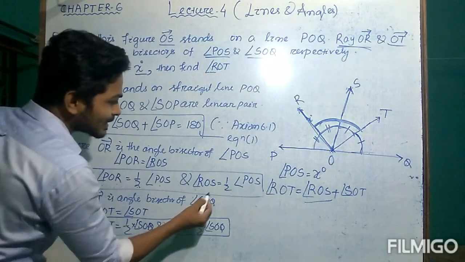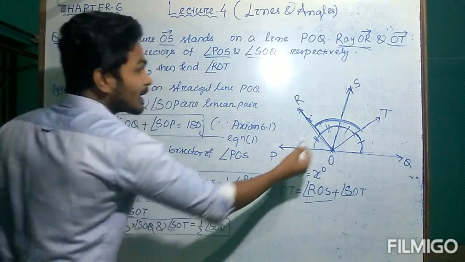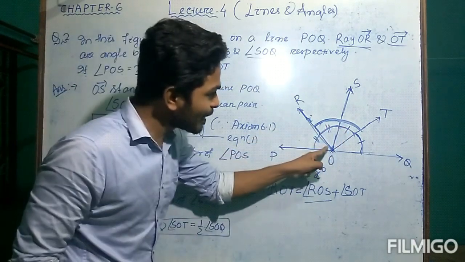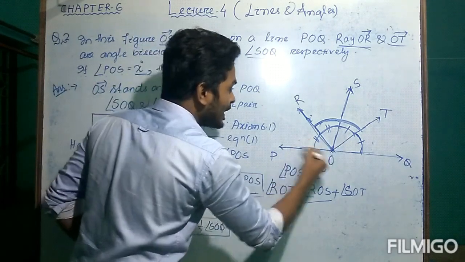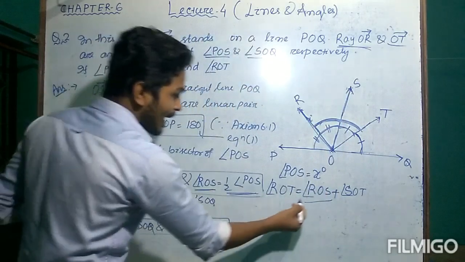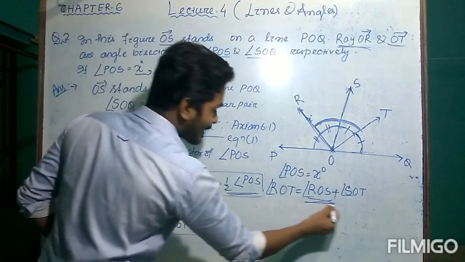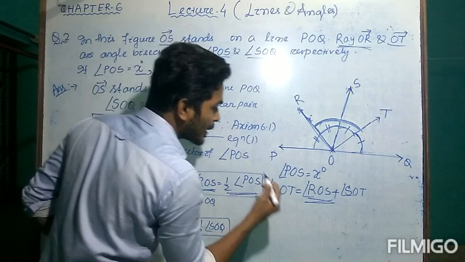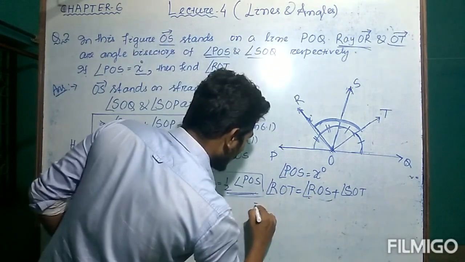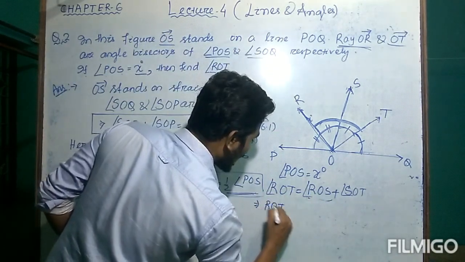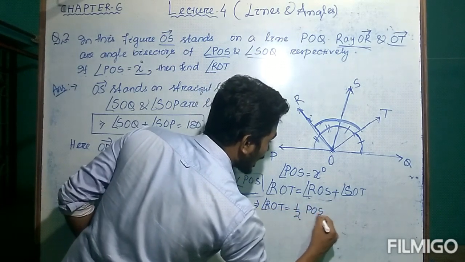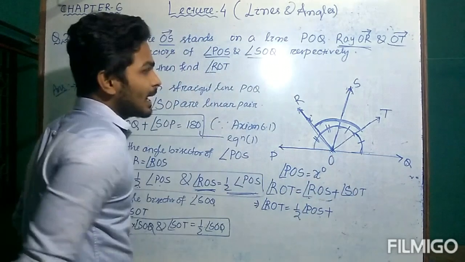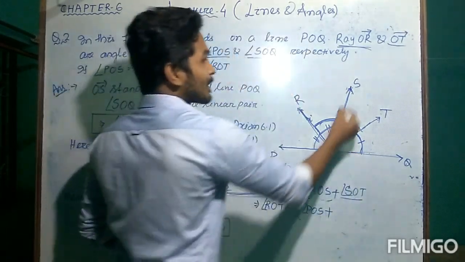So ROS is the 1/2 angle. ROS is the half of the total angle or not? Yes, because it is the angle bisector. So ROS is the half of total angle POS. So in the place of ROS, you can write half of POS. Okay, so we get ROT angle is equal to half of POS plus. Now, what is the value of SOT?